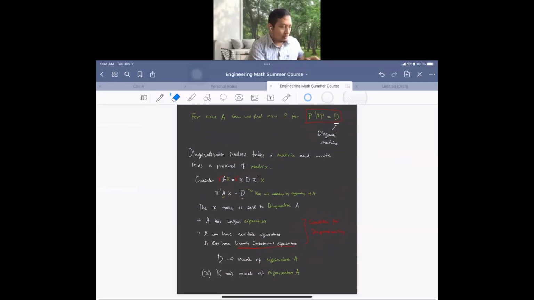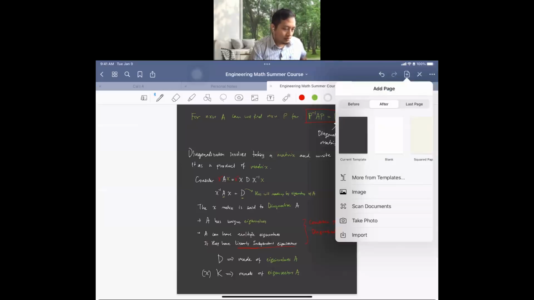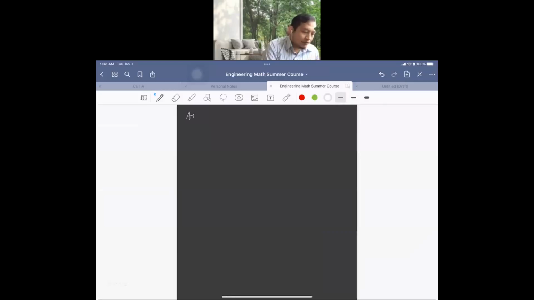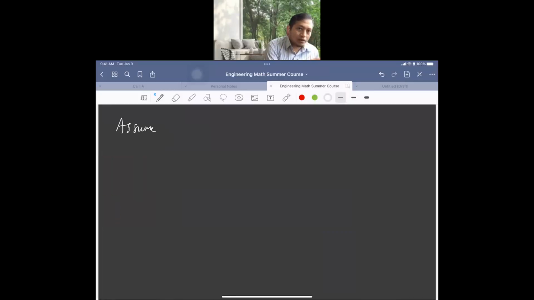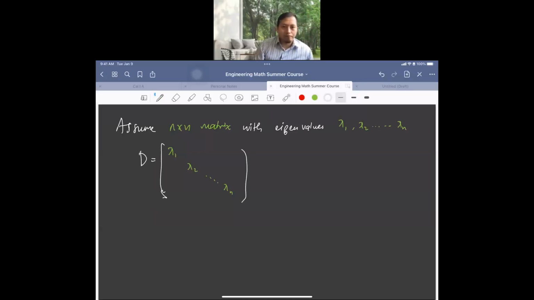Okay, now I will go through some steps to see how we are going to diagonalize a matrix, but first let me give you some notes. Assume an n by n matrix with eigenvalues lambda 1, lambda 2, until lambda n. We say that the diagonal is made of these.